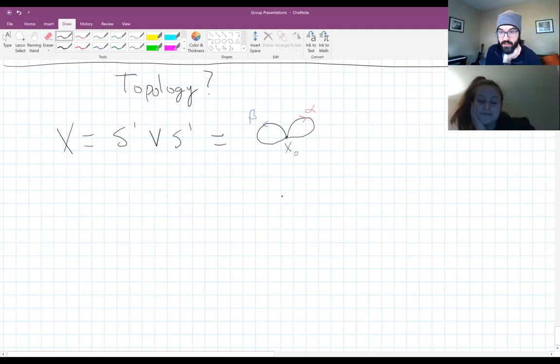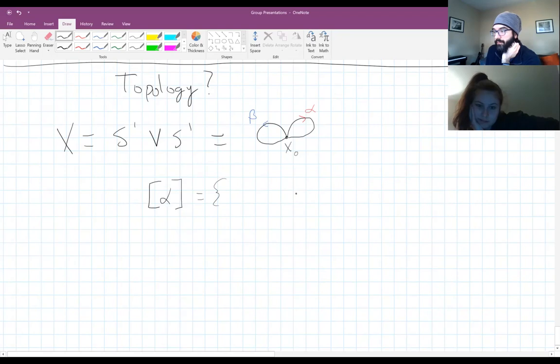Without going into the details again, just modulo the details, loops form a group. In particular, homotopy classes of loops form a group. So let's take the class given by this loop alpha. What's going to be in there?